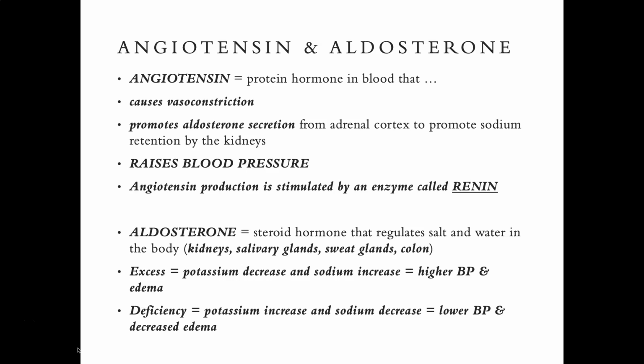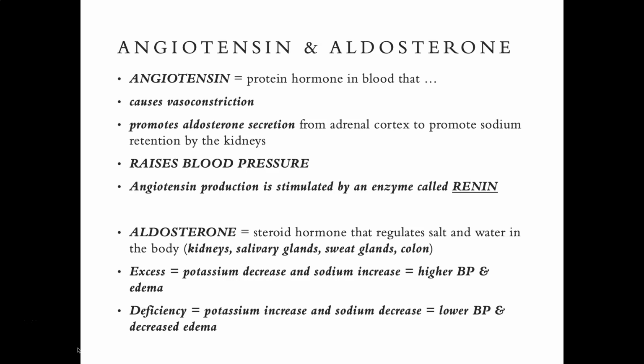Angiotensin production is stimulated by an enzyme called renin. Angiotensin raises blood pressure because it causes vasoconstriction and it promotes aldosterone secretion. What is aldosterone? Aldosterone is a steroid hormone that regulates salt and water in the body, specifically the kidneys, salivary glands, sweat glands, and colon.